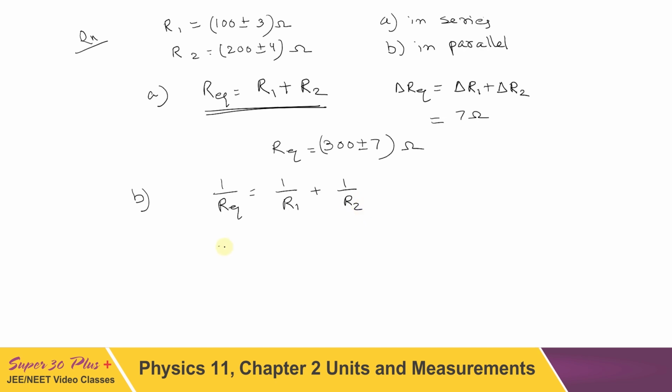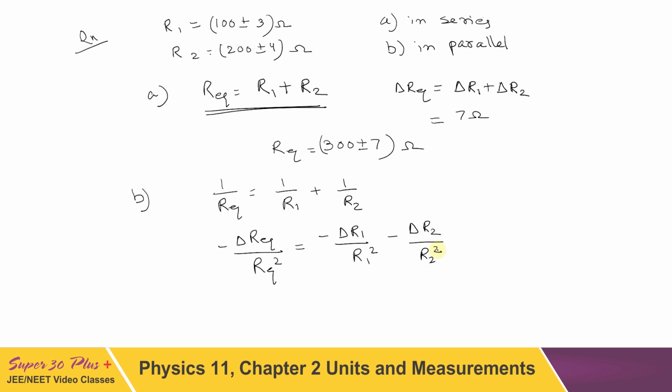What it would be? Minus delta Req upon R equivalent square is equal to minus delta R1 upon R1 square minus delta R2 upon R2 square. I have written delta in place of d here because for error the standard notation is in terms of delta.